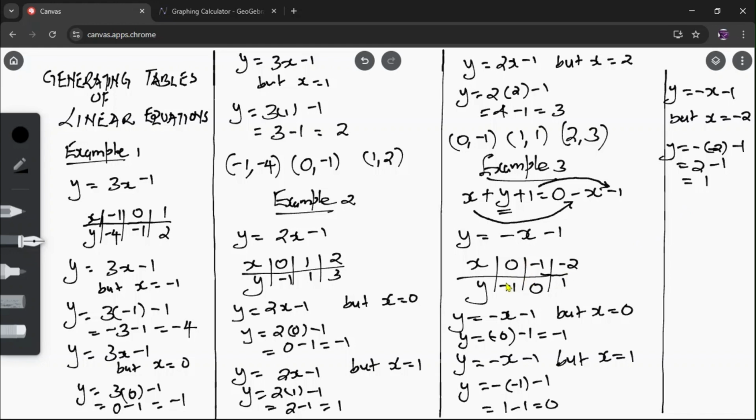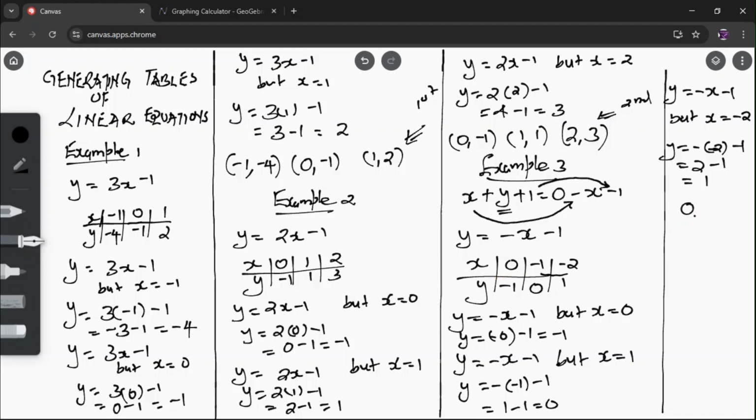Therefore, can you be able to give me the coordinates? This was the first coordinate, the second one here, second coordinate. And the third one, can you be able to get that? Yes, right. So I hope this is what you're getting.